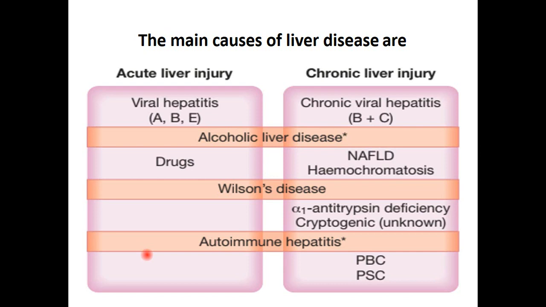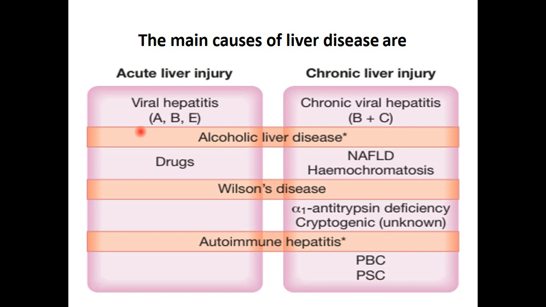What are the causes of liver disease, acute liver injury or chronic liver injury? It may be due to hepatitis. As I mentioned, the commonest cause of liver disease is hepatitis, and the commonest cause of hepatitis is viral hepatitis.